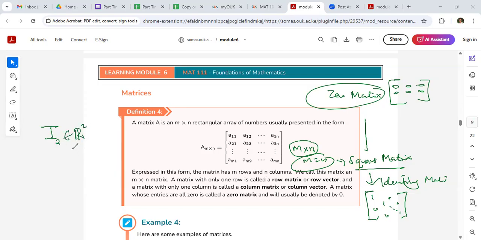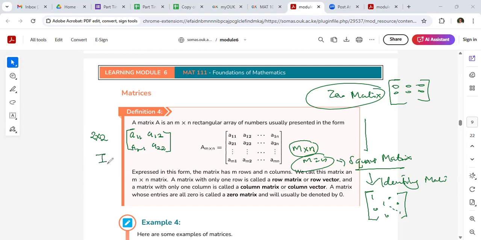An example is the identity matrix denoted by I sub 2. It cannot be in R2. So if you're in the space of 2 by 2 matrices, a 2 by 2 matrix would look like this. It has 2 rows and 2 columns.